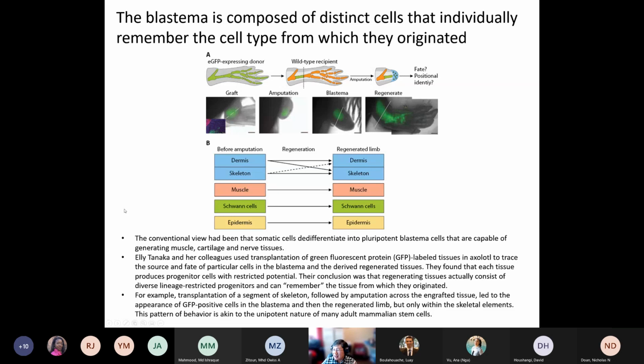So let's think about the potency of the blastema cells. A straightforward view from us could be that maybe all the blastema cells are adult stem cells. They are multipotent, right? They can differentiate toward the many cell types involved in the development of that limb, for example epithelium, muscles, bones, vessels.